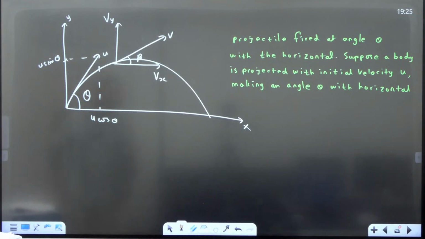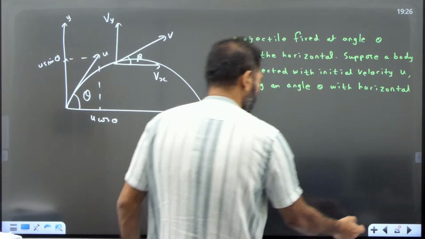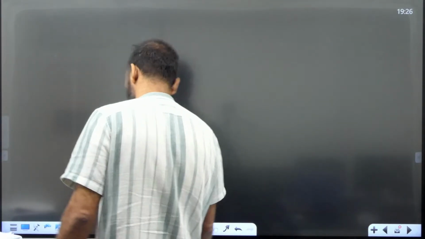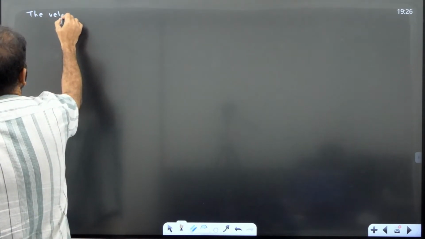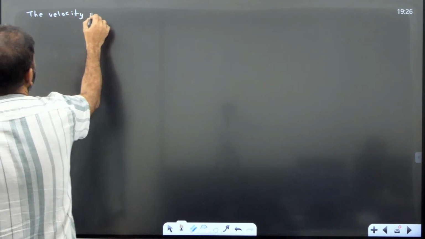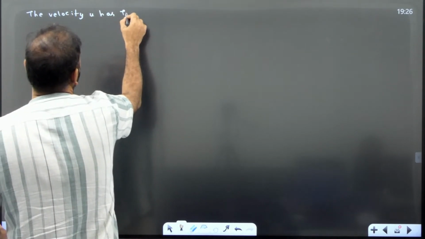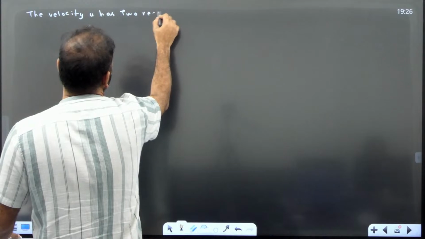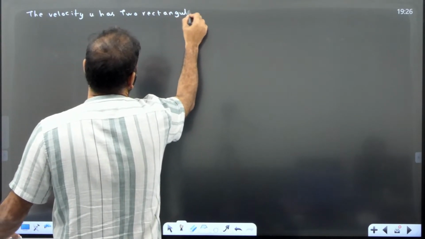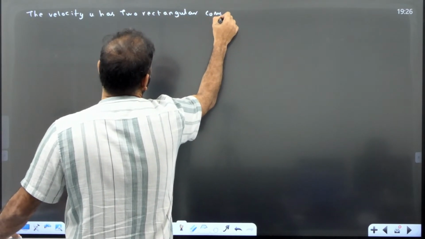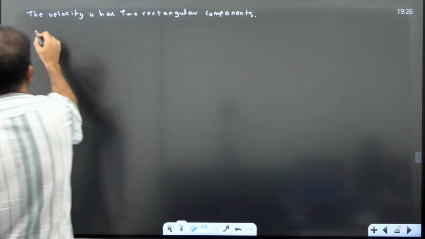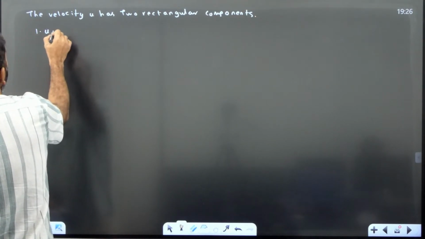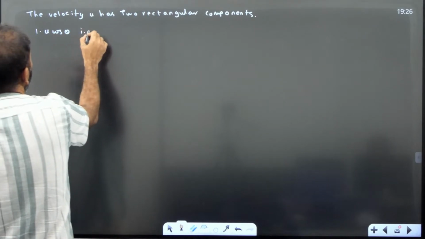Now, let's see. The velocity u has two rectangular components. First one, u cos theta, that is the horizontal component.